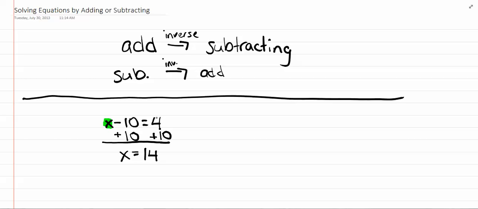So you can always check your answer. Let's plug 14 in for x for that problem. So it would be 14 minus 10, which is 4. And in the original equation, which was x minus 10 equals 4, it says we would get 4. So we were right.